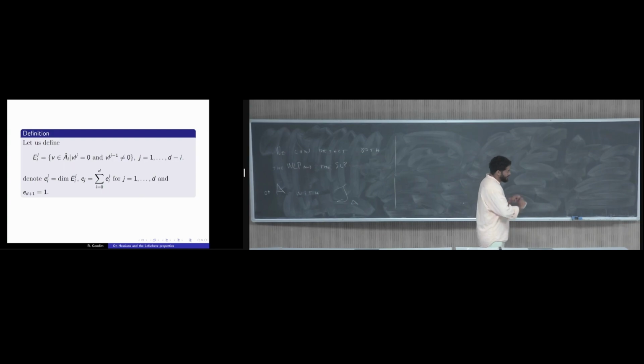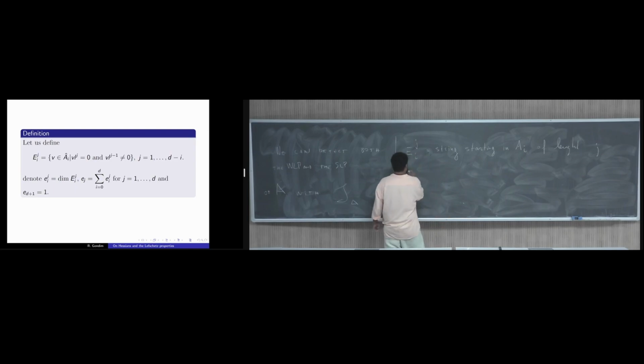So they are a string Aij, a string starting in AI of length J, all the strings of this type.